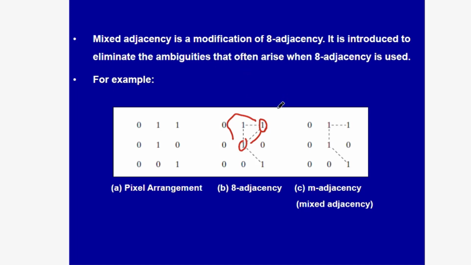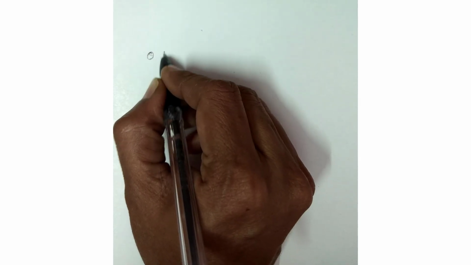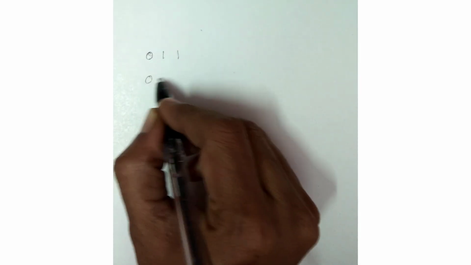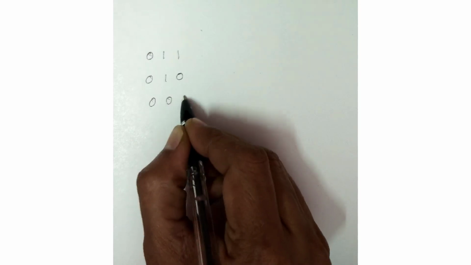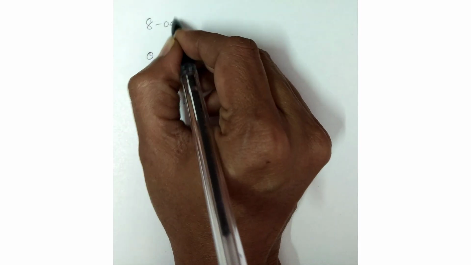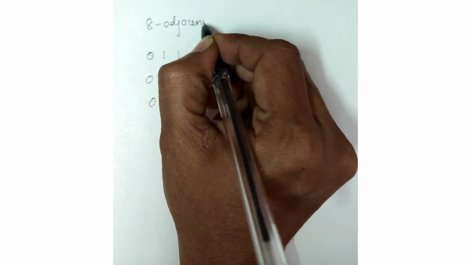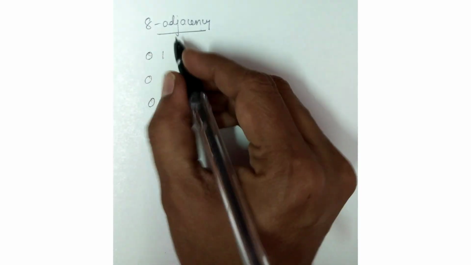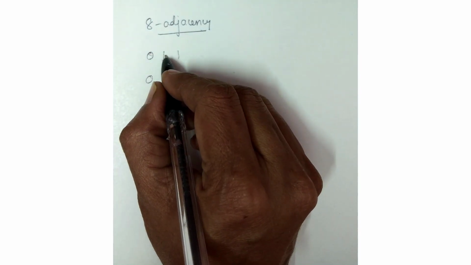Now I will explain the mixed adjacency. What is our pixel arrangement? 0, 1, 1, 0, 1, 0, 0, 0, 1. In the 8 adjacency concept, the connections are like this.